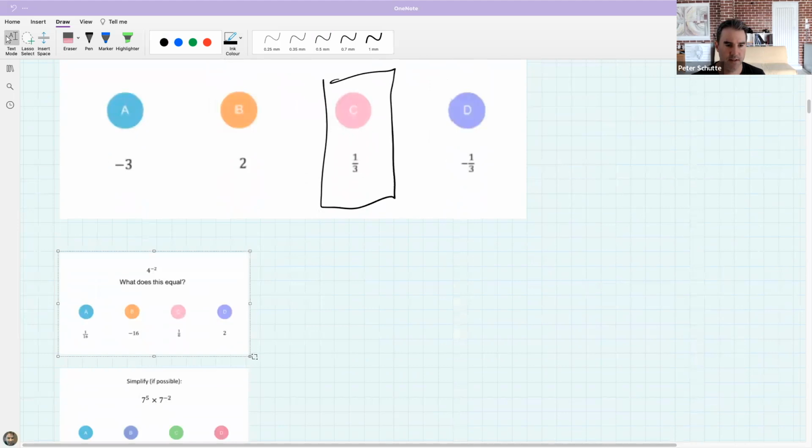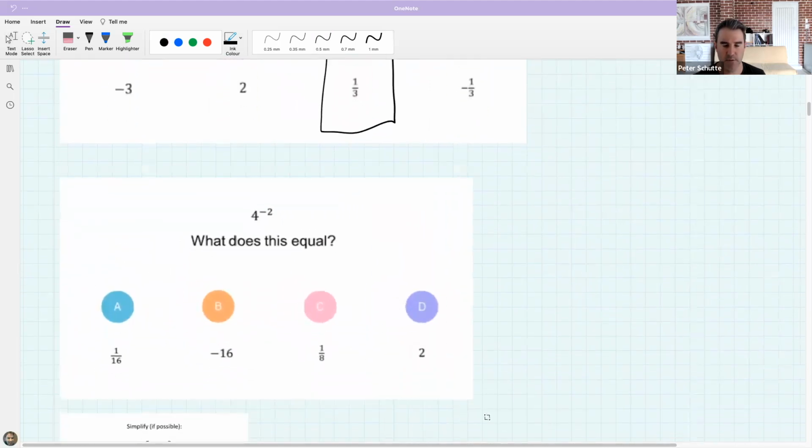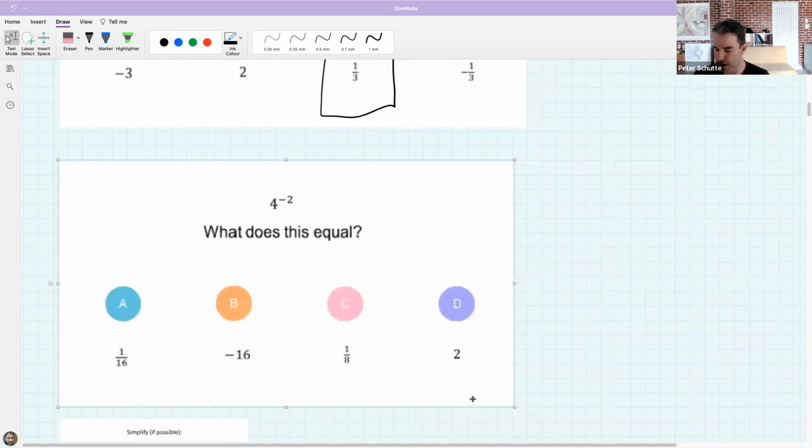Awesome. Let's just do one more with the negative powers, then I will take it up a notch. 4 to the power of minus 2 is the same as what? Okay, I can see that you do understand the exponent laws well.